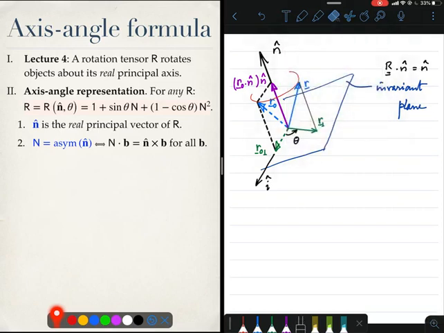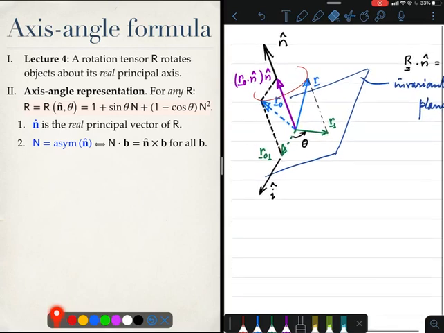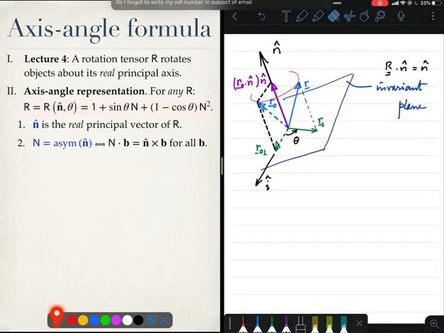So let's make the projection a dotted line here. That's the situation: the initial vector R0 becomes R under the action of the rotation tensor capital R. Now let's write down some formulae.